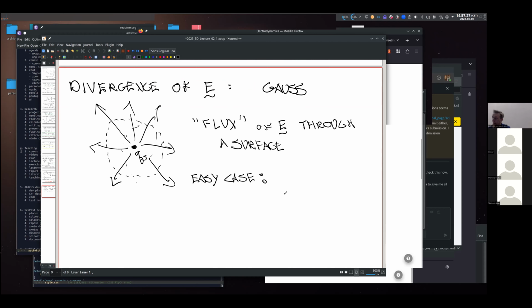We're going to consider the field of a single charge at 0, and a little spherical shell around it.